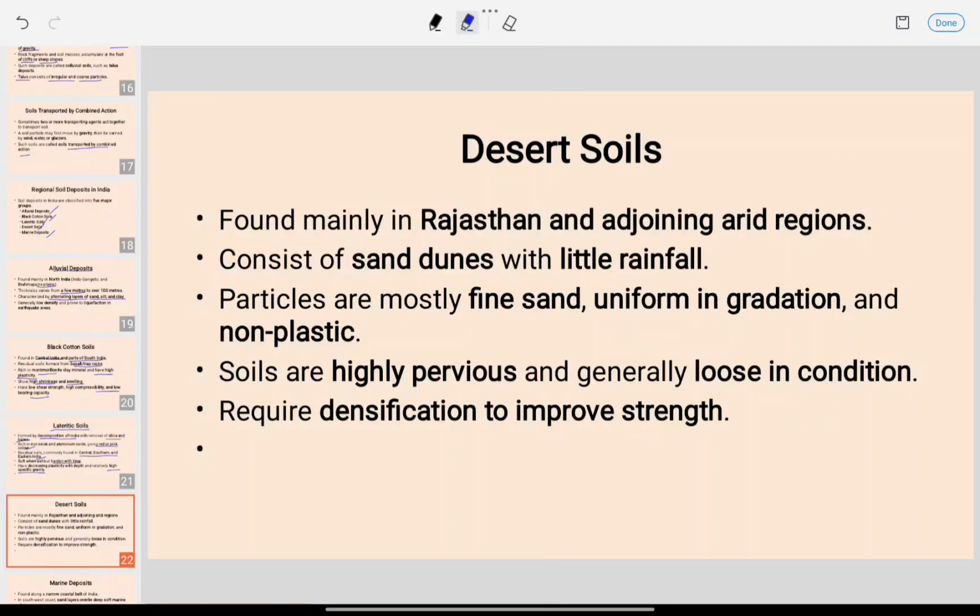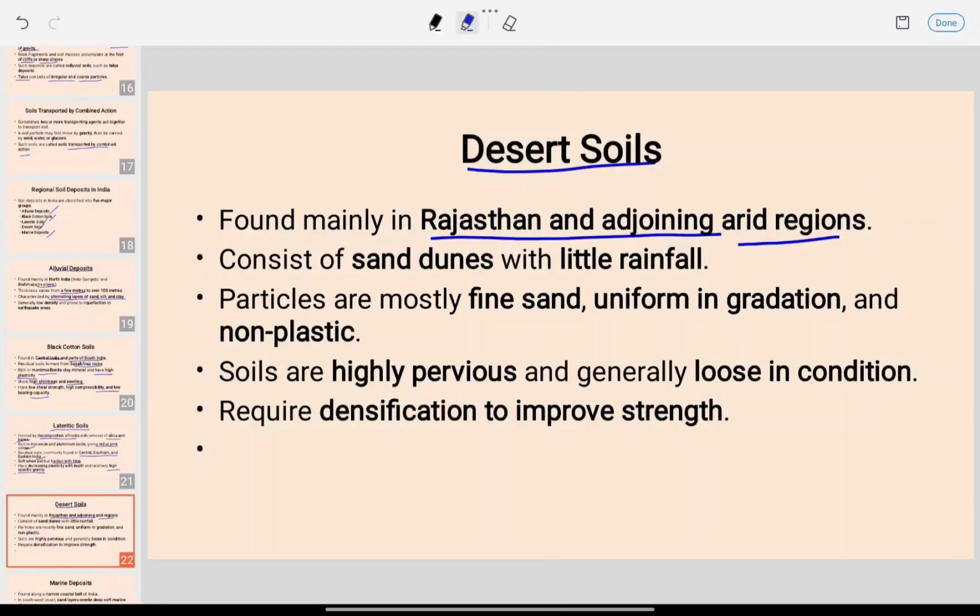Now let's discuss a soil type that develops under hot and dry climatic conditions, known as desert soil. These soils are found mainly in Rajasthan and adjoining arid regions where rainfall is very low.